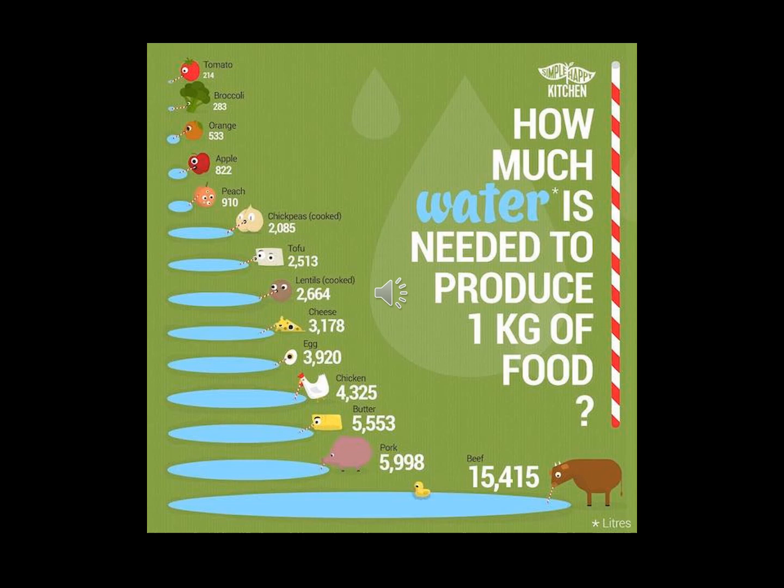Things like meat are very water intensive food producing processes as opposed to vegetables and plant foods. Those take a lot less water to produce. So eating down on the food chain, like vegetarianism, doesn't mean you have to eat none, but maybe just a lot less of animal products will really help us conserve water.